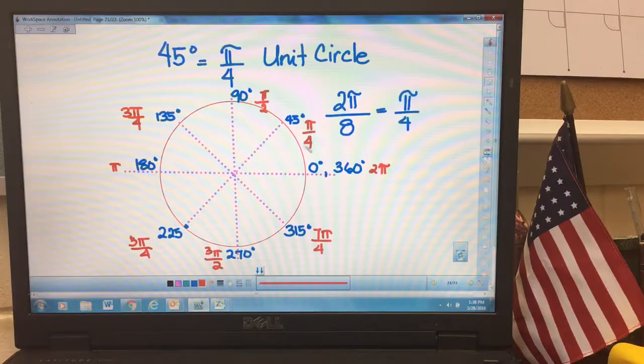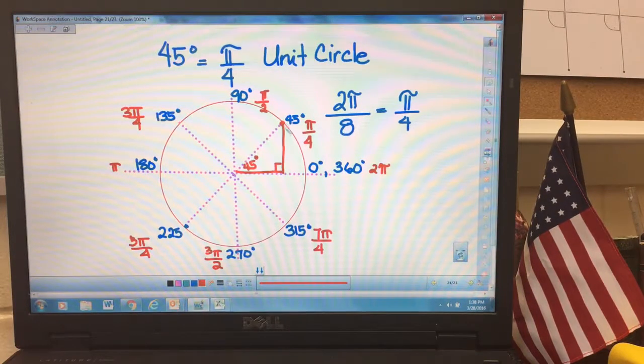Another special thing about the 45-degree unit circle is that if you create your triangle with each of the degrees, the legs, the horizontal and the vertical ones, are equal, because this is also a 45 degree. That's a 45 degree. So this is a right isosceles triangle.